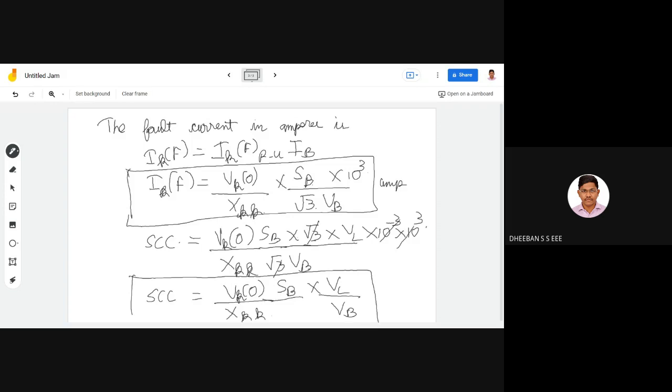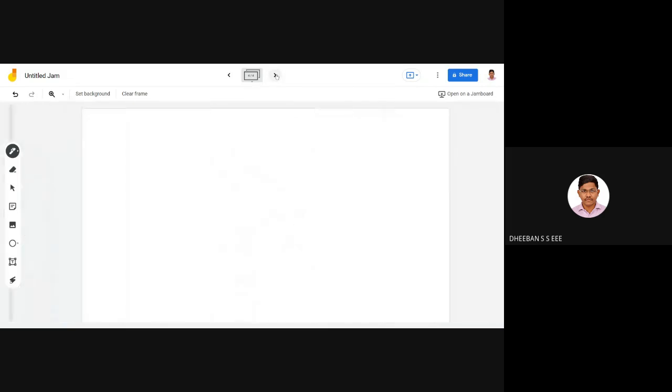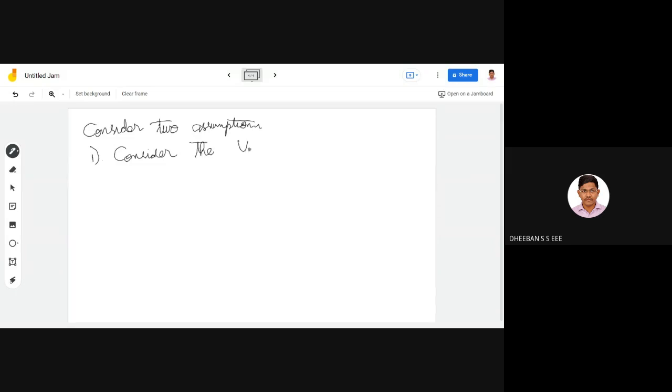But we are considering two assumptions. The first one is to consider V_L equal to V_B.